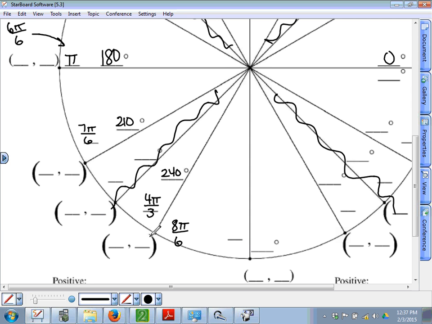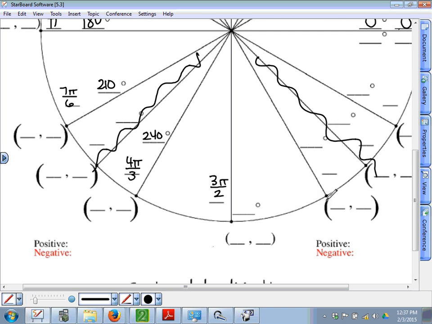thirds. I know I'm moving a little quick here, but are you guys understanding what I'm doing? If this is 8 pi over 6, wouldn't this be 9 pi over 6? Or what is that? 3 pi over 2. And if that was 9 pi over 6, that makes this 10 pi over 6.